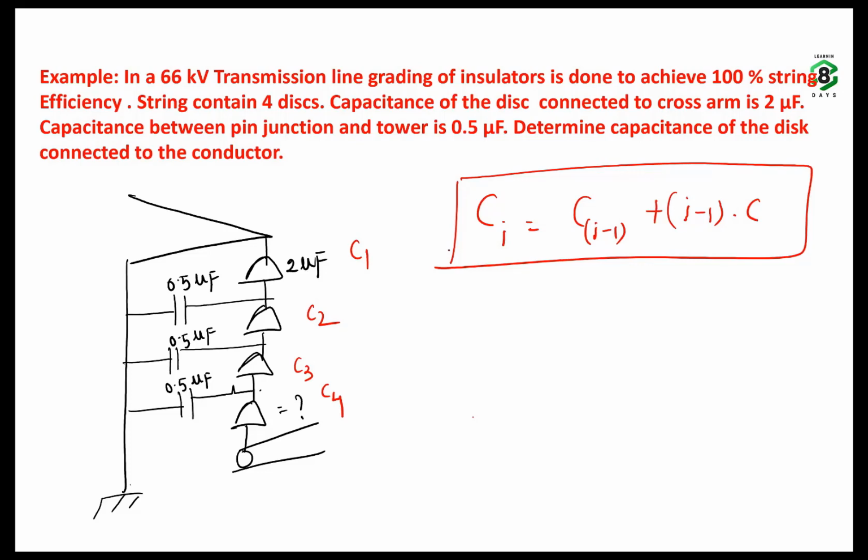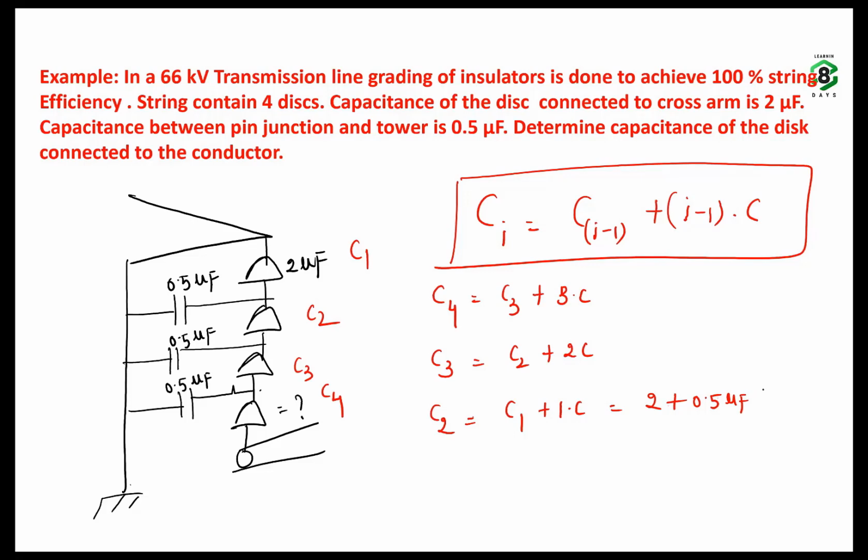See, you want C4. For C4, you need C3 plus 3 into C. For C3, you need C2 plus 2 into C. To calculate C2, what is the formula? C1 plus 1 into C. Here you know the C1 value is 2 microfarad and C value is 0.5 microfarad.